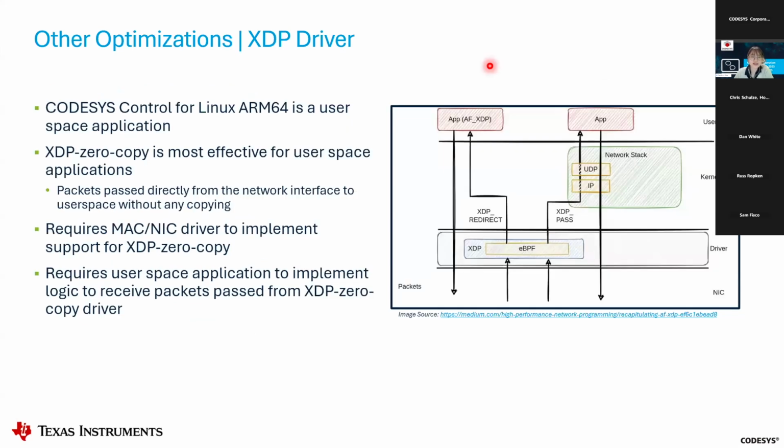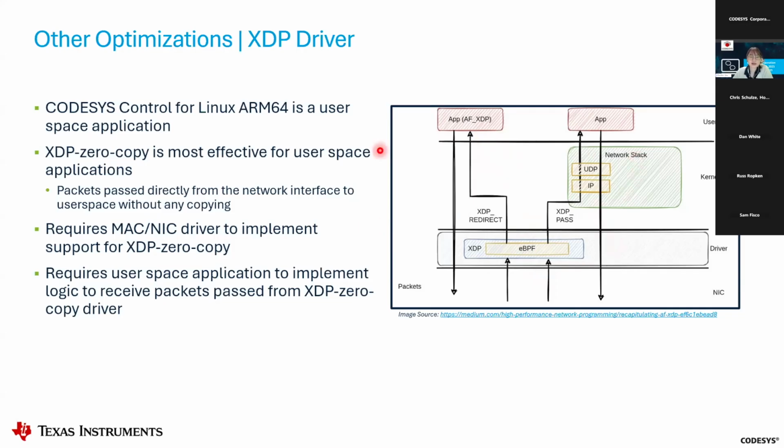And so what this means is that since CODESYS Control for Linux ARM64 is the user space application in our setup, if we can use an XDP-friendly network driver to process the EtherCAT packets early on in the networking stack layers, and then directly pass those processed Ethernet packets to the CODESYS Control user space application, we can bypass a lot of the system latencies caused by traveling through each of the networking stack layers.